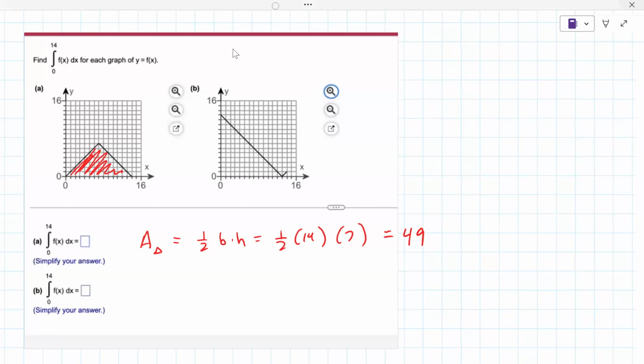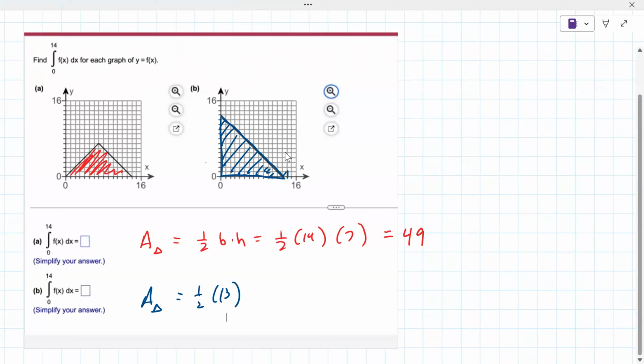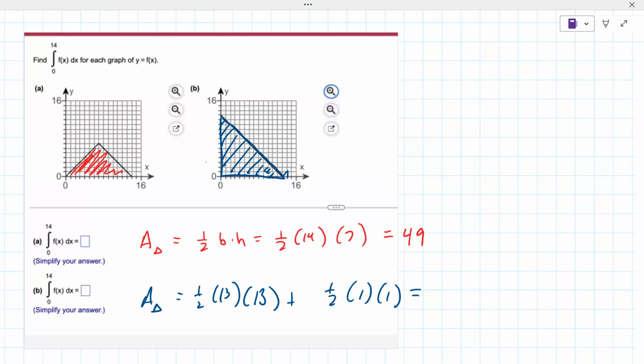The next one here is the area under these two triangles, and that is 1/2 base times height again. So for the first one, I'm gonna count here 15, 14, looks like 13 for the base, and the height of this blue one here, 15, 14, 13, plus 1/2 base times height on the other.